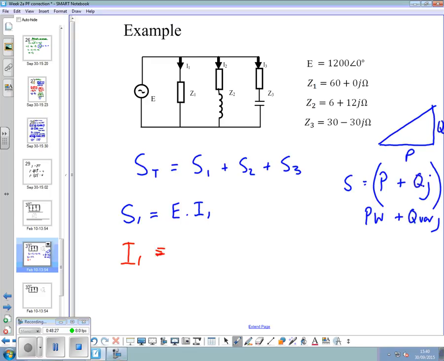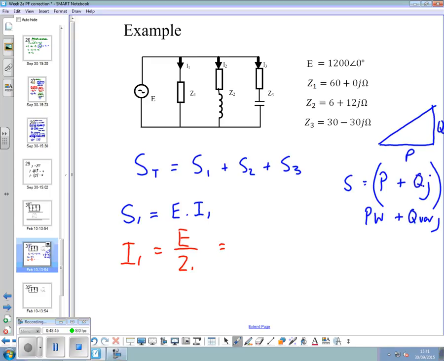So how do we find the current I? Using Ohm's law: E over Z1. And what's E in complex form here?